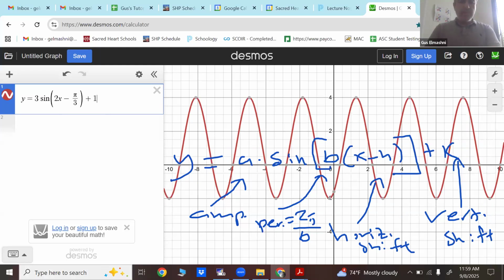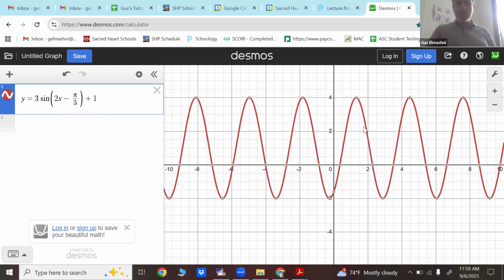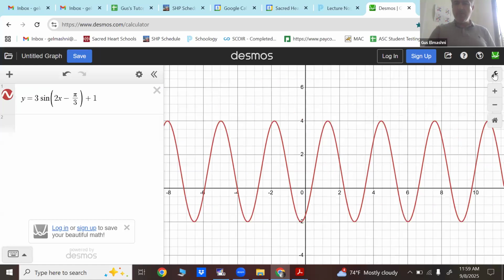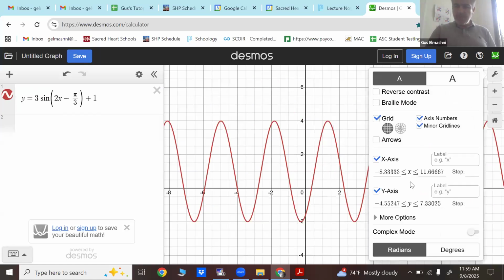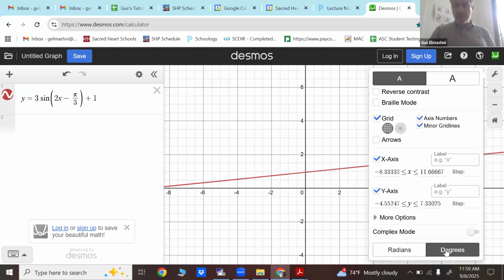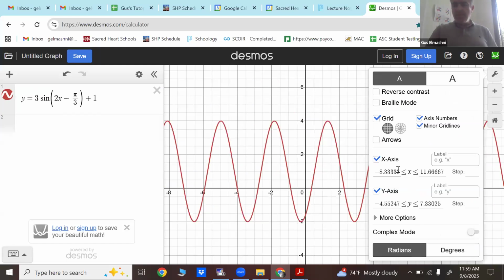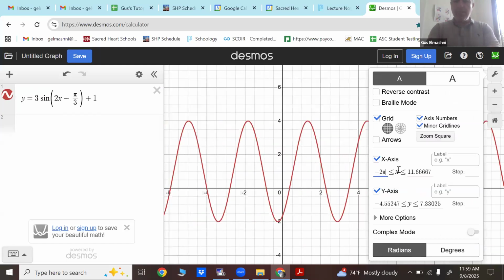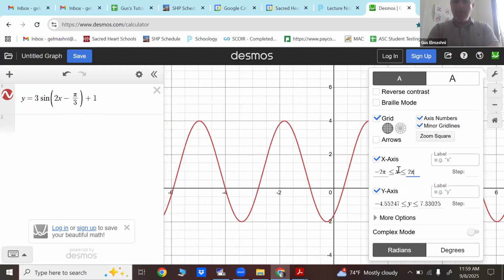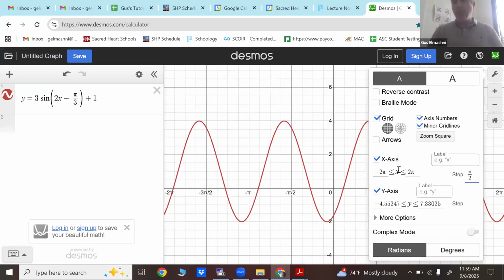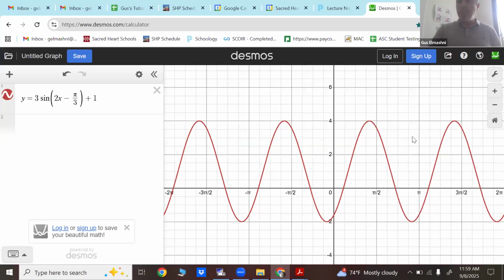Now, sometimes it's a little annoying because I want to see this in terms of pi, right? So it's in radians right now. Degrees, obviously, it's messed up. But you totally could just do this: I want to go negative 2 pi to 2 pi and make my step pi over 2. Totally could do that. Now it's a little bit better for us.